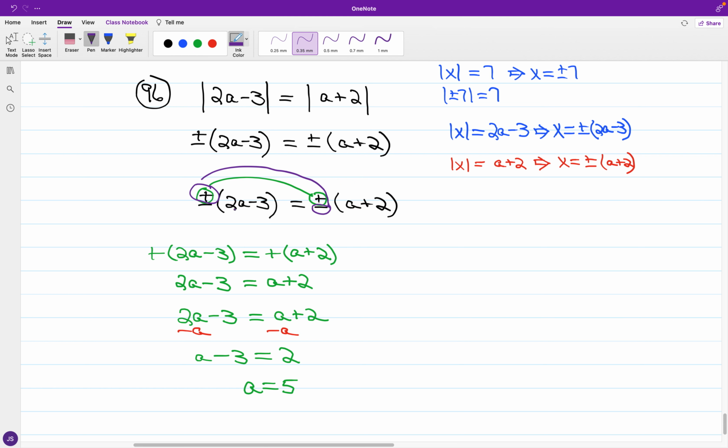And we have the other possible pairing, the positive of 2a minus 3 is equal to the negative of a plus 2. Okay, so left hand side, no sign change. And for what I have to the right, the opposite sign of a plus 2, this will be negative a minus 2.